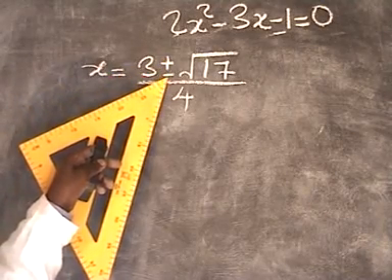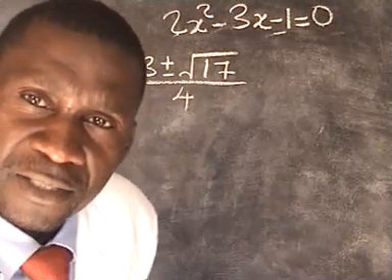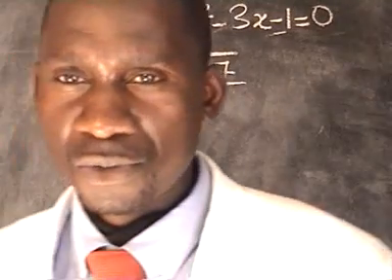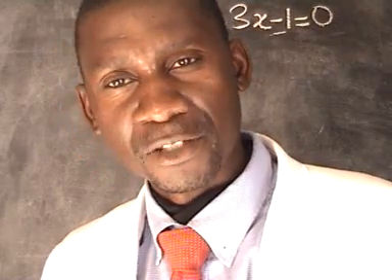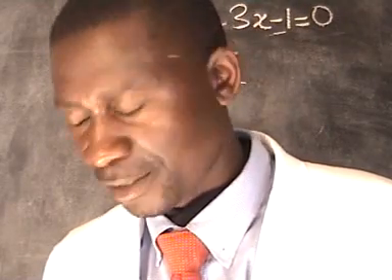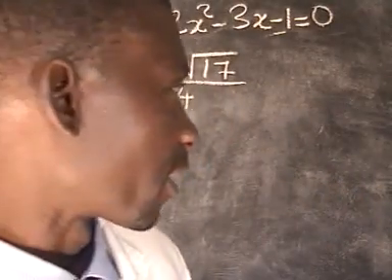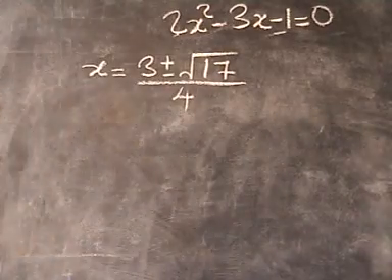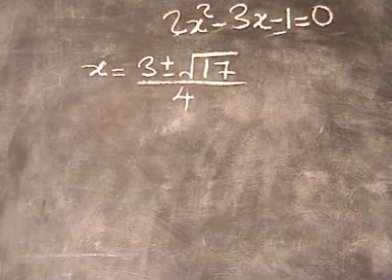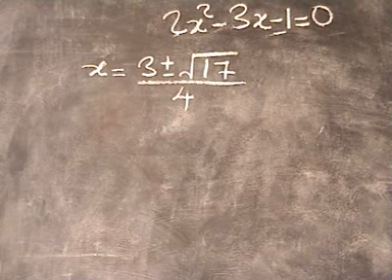These two must be separated: you are going to use the term either x is equal to, in the first place add 3 to the square root of 17, and in the second place subtract the square root of 17 from 3.